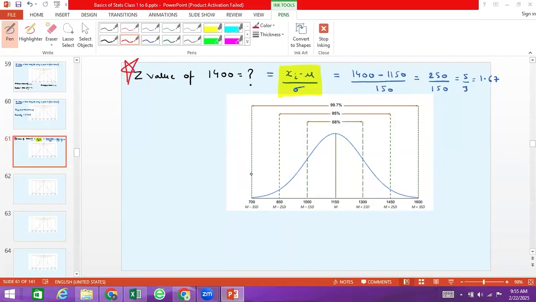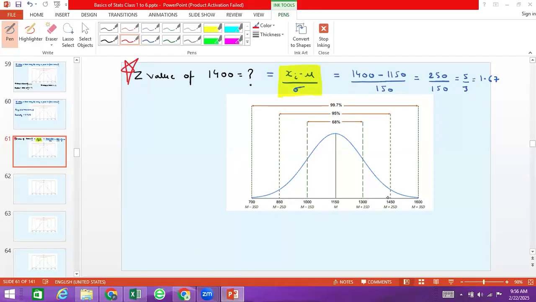So 150 is the range between the points. From 1300 to 1450 is 100? It's not 150.